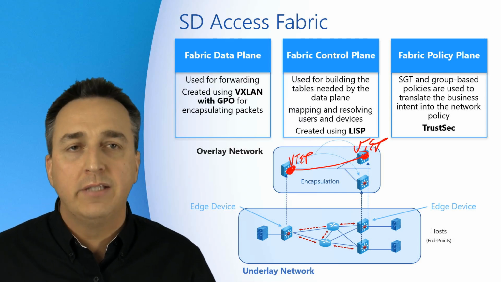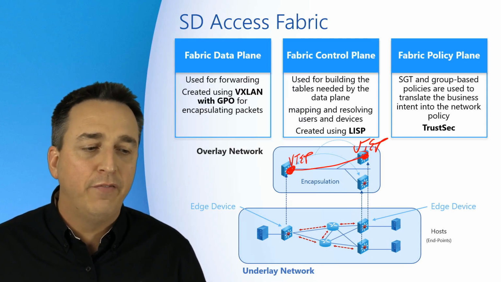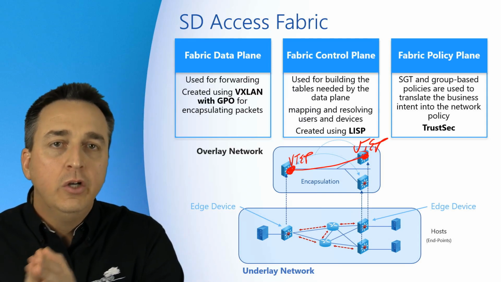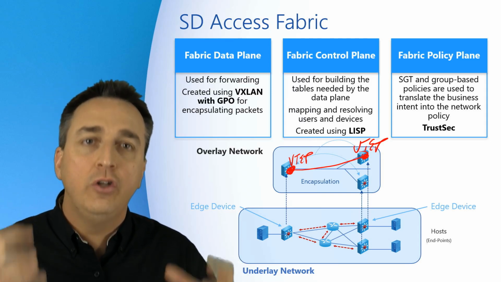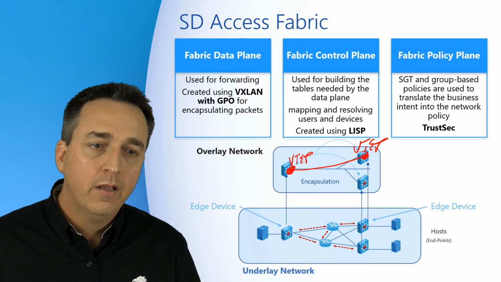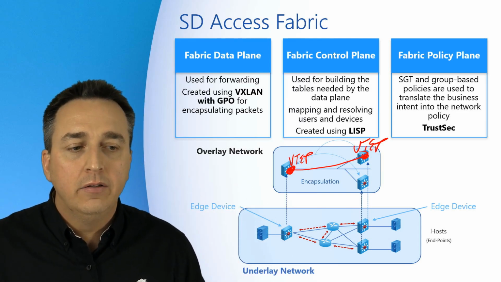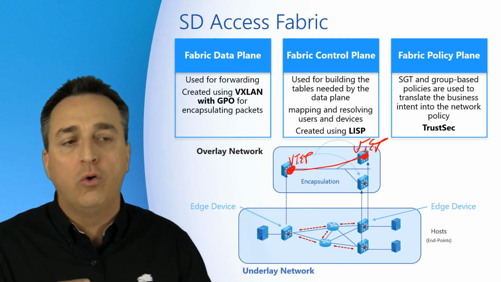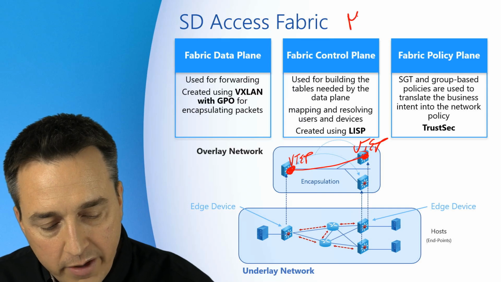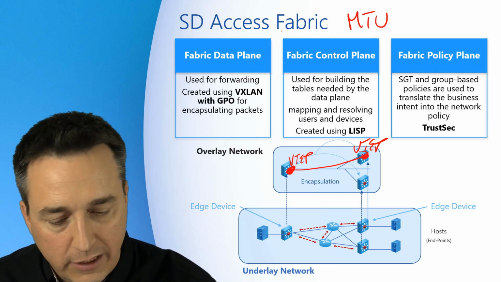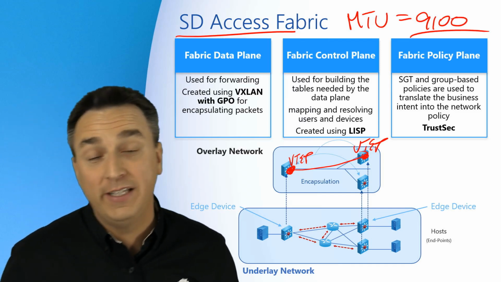And remember earlier I said that in your SD access environment, especially when traffic is flowing from devices to other devices, like maybe users to servers within your Fabric, within your organization, then if all of your equipment supports larger MTU sizes, the recommended MTU size for SD access is 9100, not 1500.